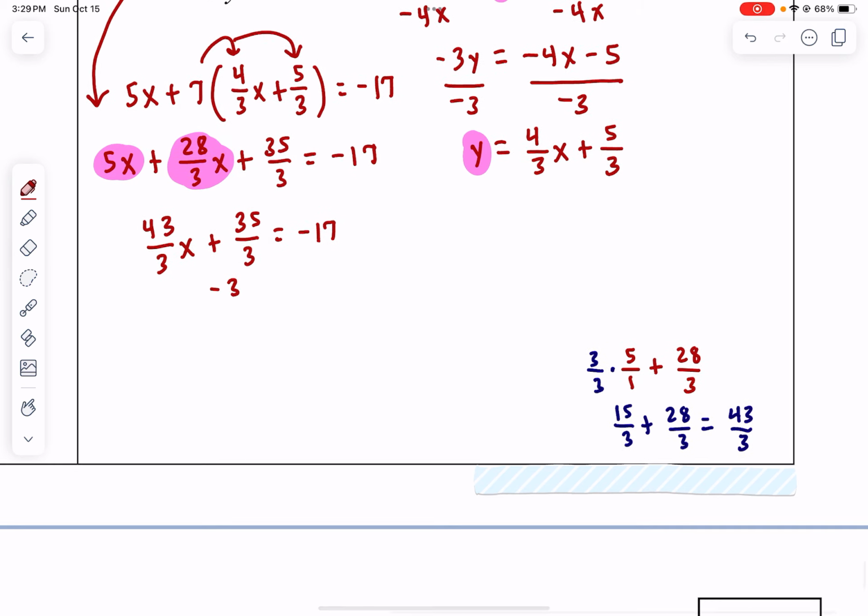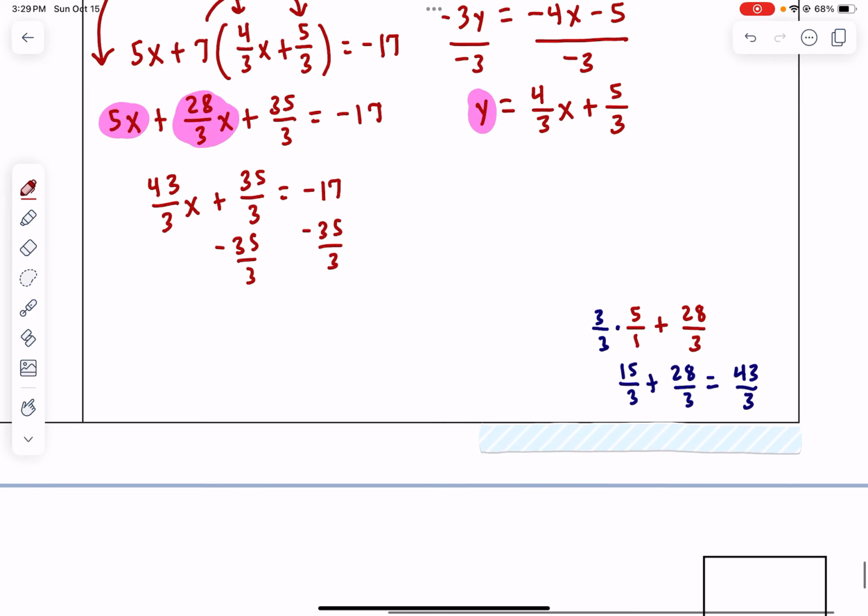Subtract the 35 over 3 on both sides. Or one thing that you could do, instead of dealing with the fractions here, what I recommend, I apologize.